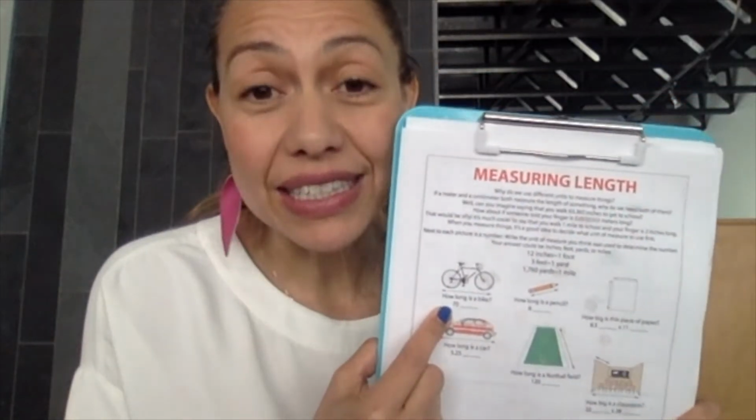We just need to decide whether they are talking about inches or feet or yards or a mile. And whatever we think it is, we're going to write down the unit of measurement. Okay? Next items, I'd like for you to do that on your own, and I'd like for you to choose which one would be the best unit of measurement for that.